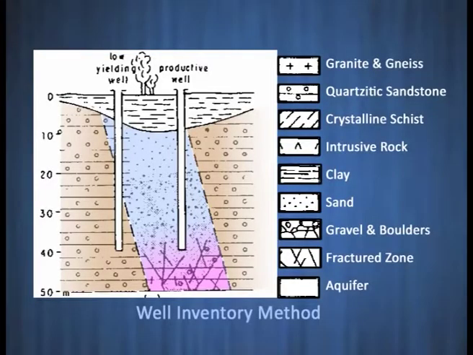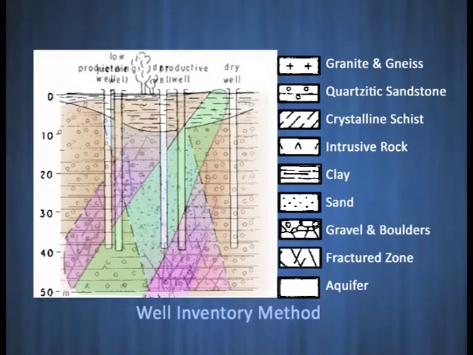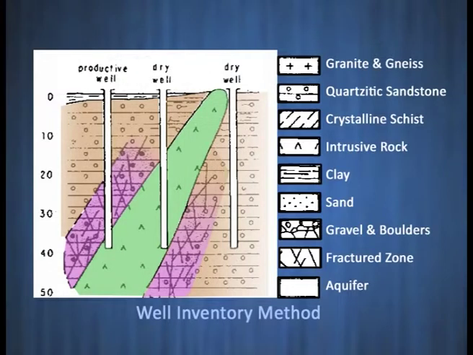What do you understand by well inventory? Well inventory is keeping complete records of wells in the field during the groundwater survey. Well inventory data are very important, essential data for the preparation of groundwater maps, and these maps are useful in the exploration of groundwater.